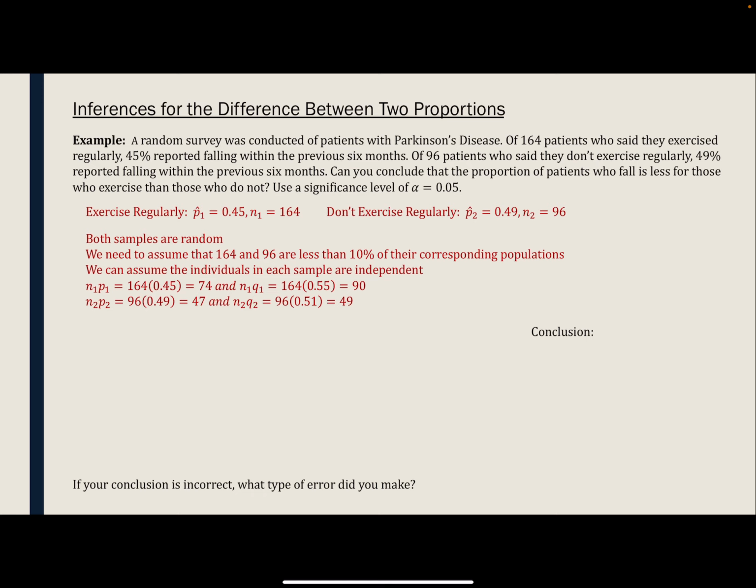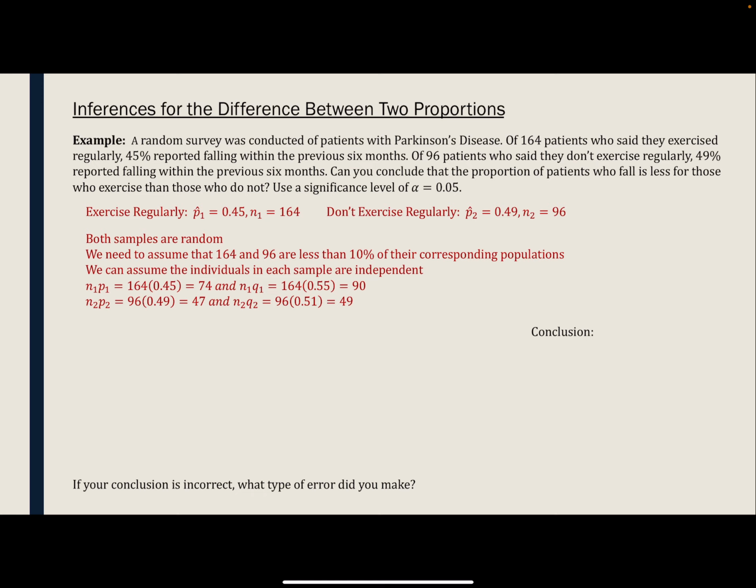This would be like a physical therapy question. So I'm just going to assume that both of those counts are less than 10% of their corresponding populations. I don't know this for sure, but I think it's a pretty safe assumption considering that we have millions and millions of people in the world. And if that's the case, then I think we can assume that the individuals within each sample are independent.